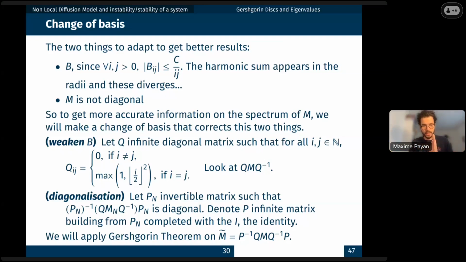And for the diagonalization, it's just to get much smaller radii for the first eigenvalue. It's a little bit complicated when you compute the radii bounds, because there are many constants.